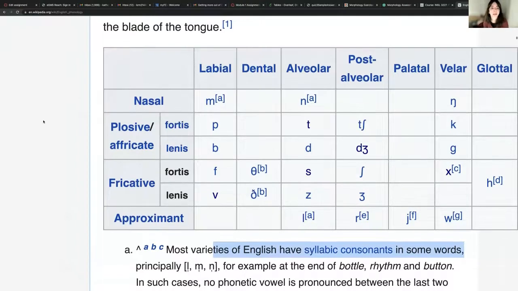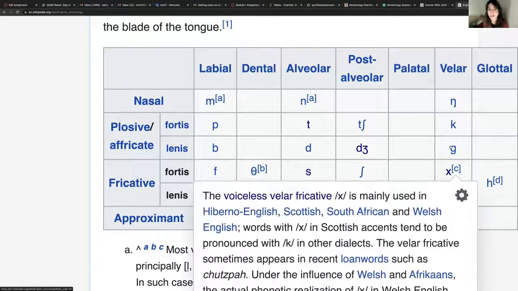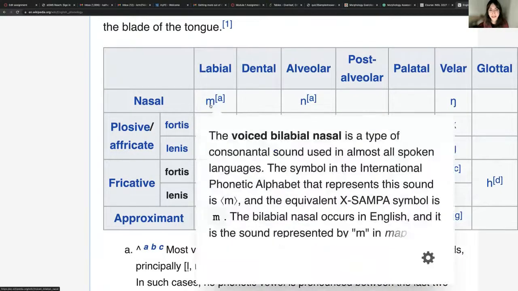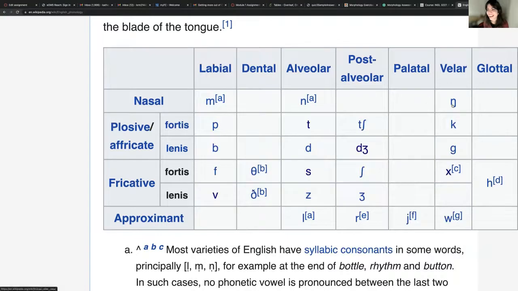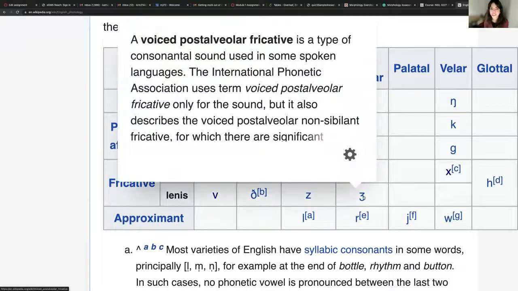So this chart has all of the symbols of standard American consonants. K, t, p, b, d, g, sh, s, f, v, z, z. This consonant is palatal alveolar, post-alveolar.